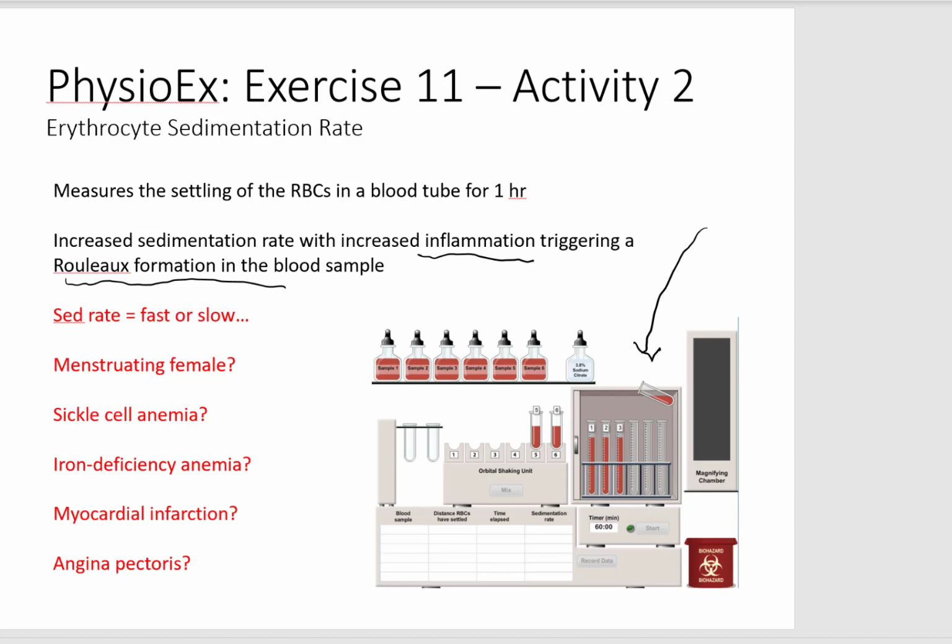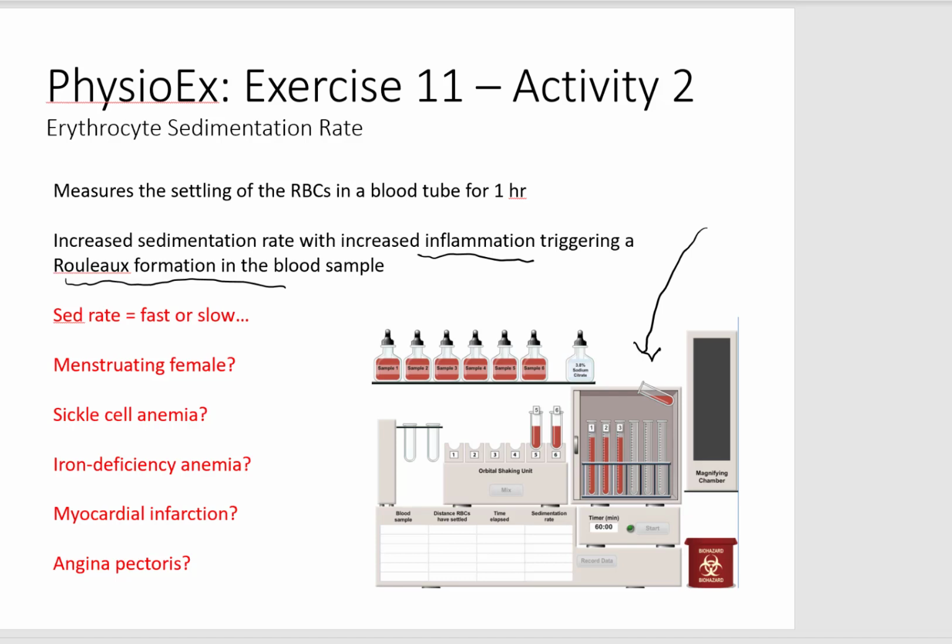It is not a clot, and it is not agglutination. It's something different, Rouleaux formation. So we were looking at a healthy individual. We're not told if it's male or female. And we noticed that they have a SED rate of 5 millimeters per hour.